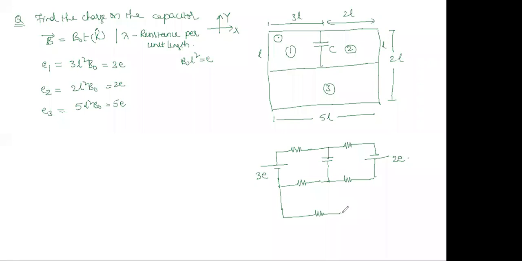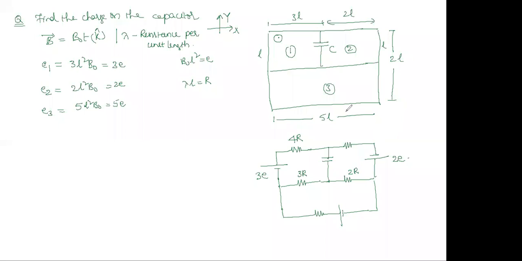Clockwise, that means this is positive, this is negative. So lambda into L, if I write R, what is the resistance from this point to this point? 4L. This is 4R, I think, because L and L, 3L, isn't it? Lower one, this is 3R.